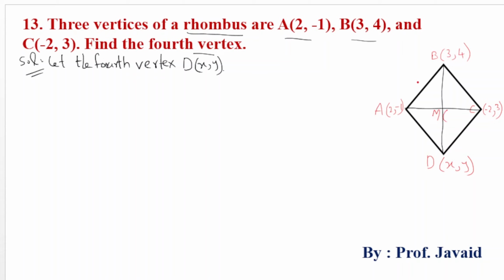Let's find this. If I use AC, I can find the midpoint. If I use BD, I can't find it, because I don't know about this (x, y). So we will use AC for the midpoint.